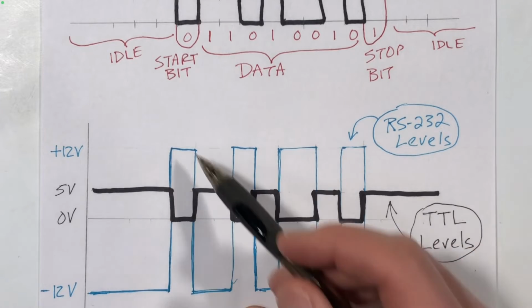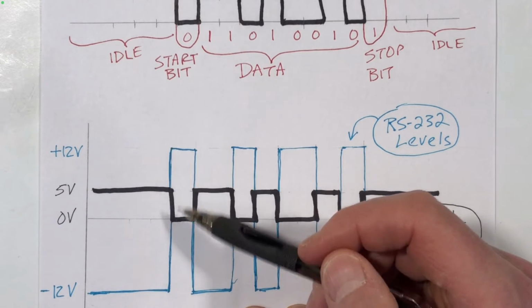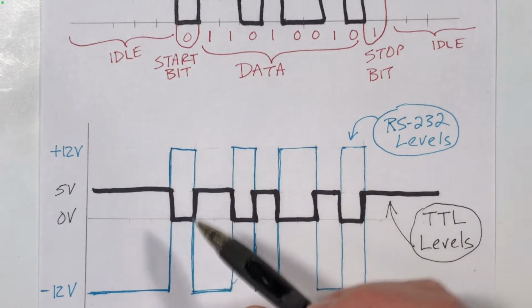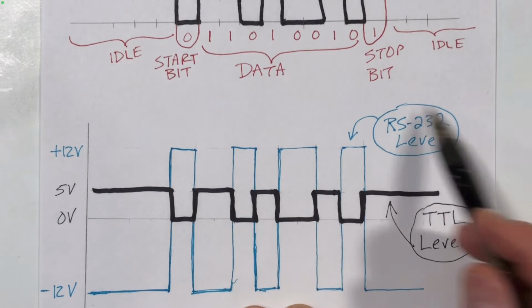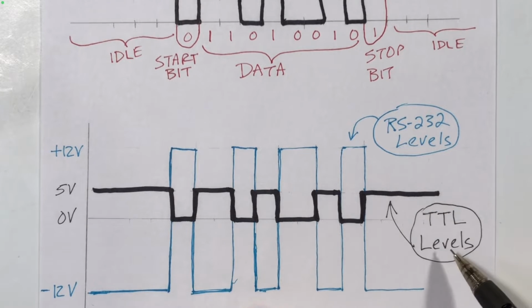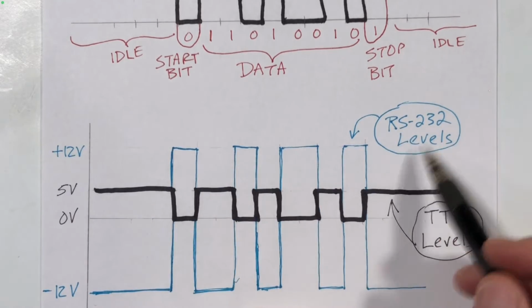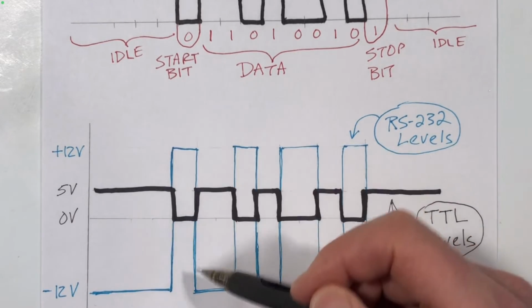In fact, these voltage levels can range as high as plus and minus 25 volts. So you definitely don't want to connect something that's using the RS-232 levels into TTL circuitry, or else you'll fry your chips. And the other thing about the RS-232 levels is that things are reversed.